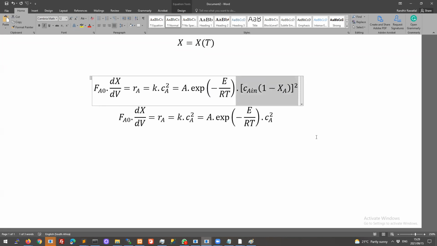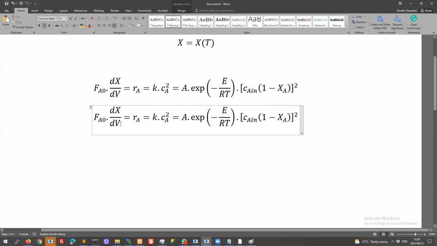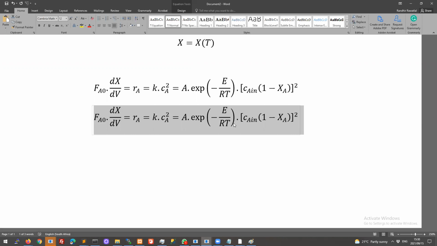So to solve this balance, we have two unknown variables, X and T. Everything else here is constant. In principle we can't solve this because this is an unspecified function.